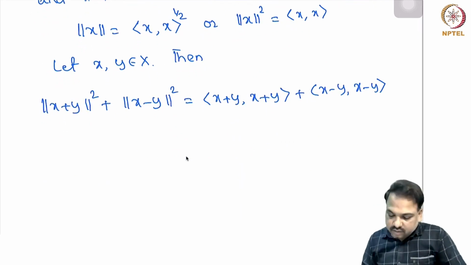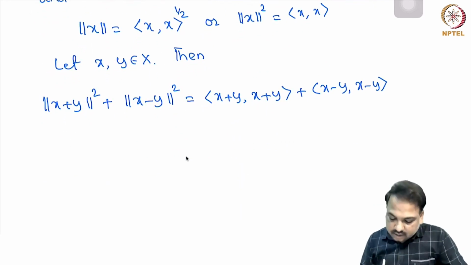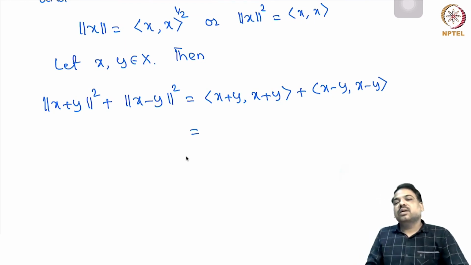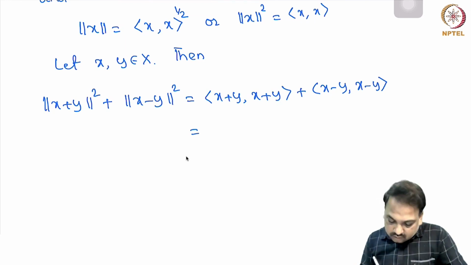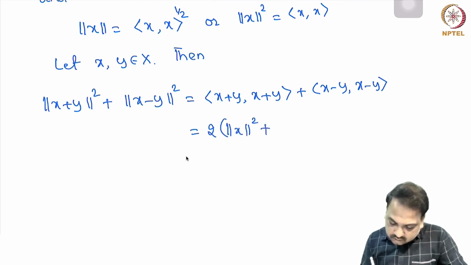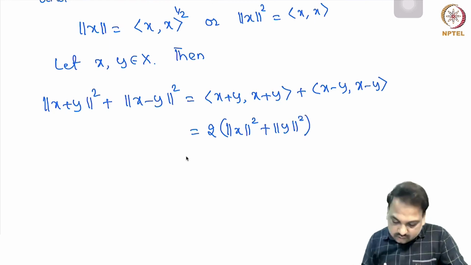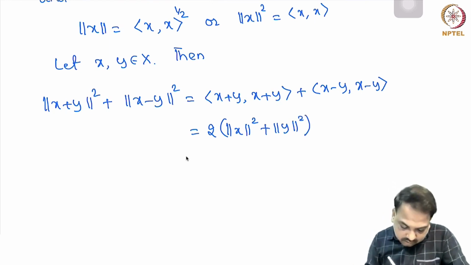If we simplify this, the mixed terms get cancelled and in the first term you get norm X squared plus norm Y squared, and the second term also gives norm X squared plus norm Y squared. On the whole you get 2 times norm X squared plus norm Y squared. So this law is known as the parallelogram law.